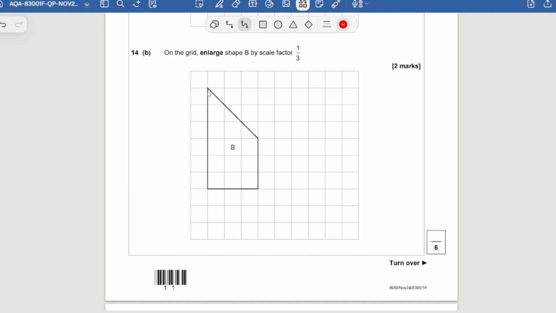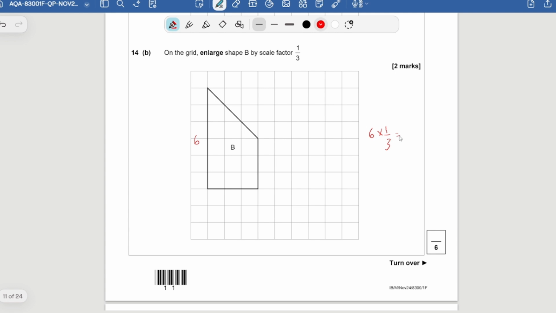So starting with any of the sides, suppose I consider this side of the shape B, it has got 1, 2, 3, 4, 5, 6. It has got 6 units here. So this side length is 6 units. So 6 times 1/3. I need to multiply every side length by a factor of 1/3.